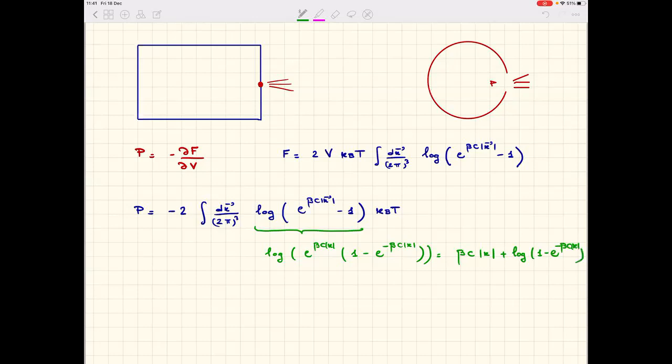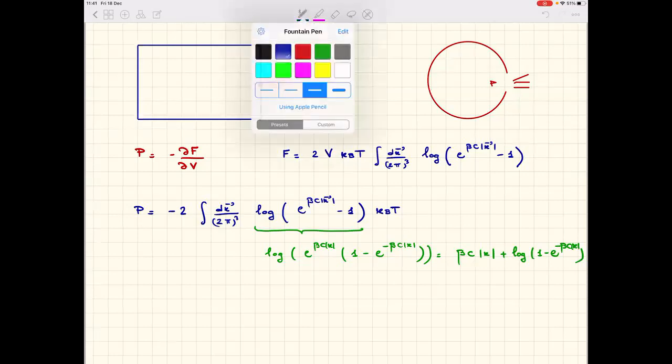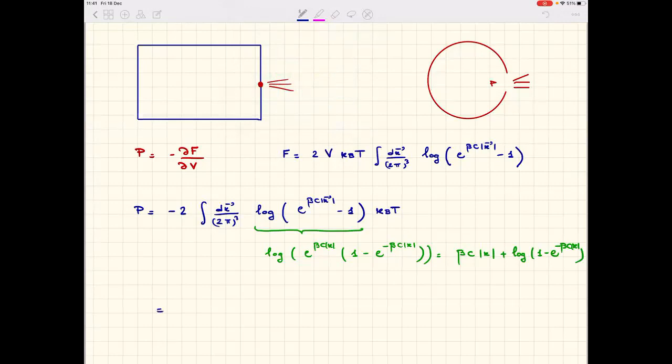Now, if I substitute this expression in here, I get a first contribution, which is minus 2 integral dk over (2 pi) cubed of kBT times beta ck.